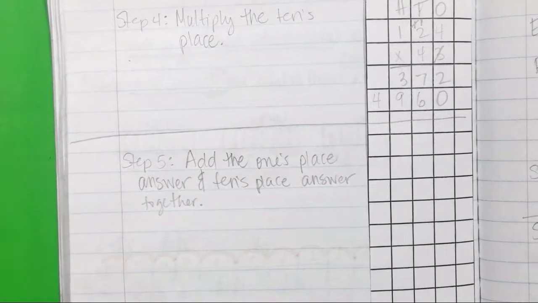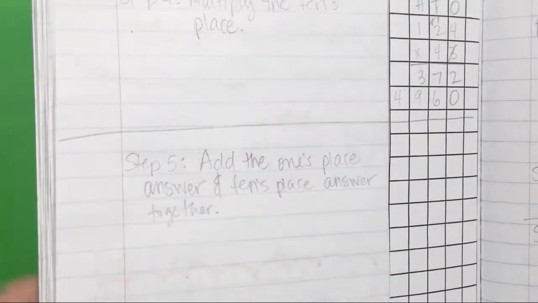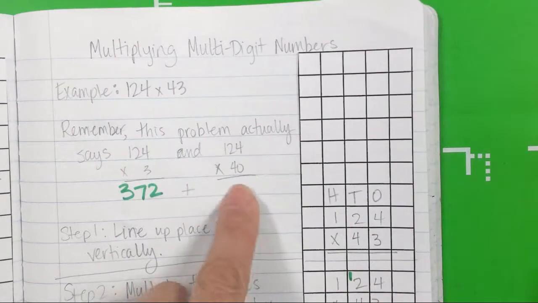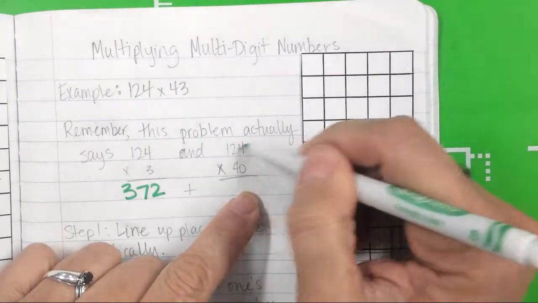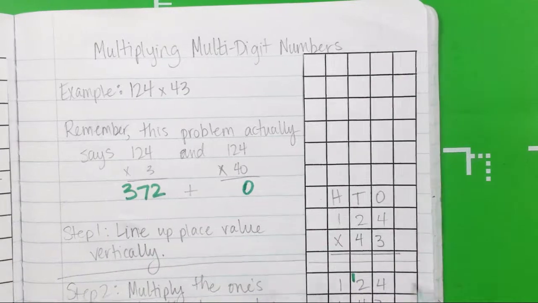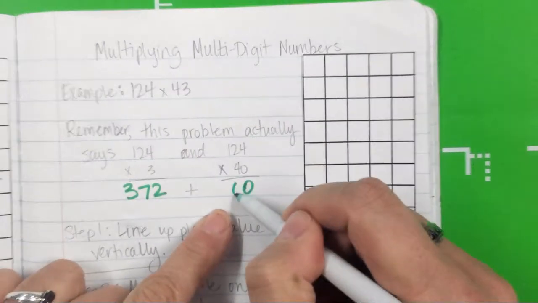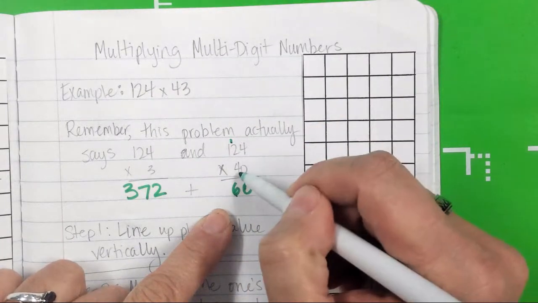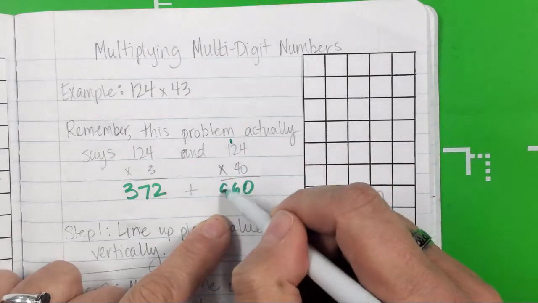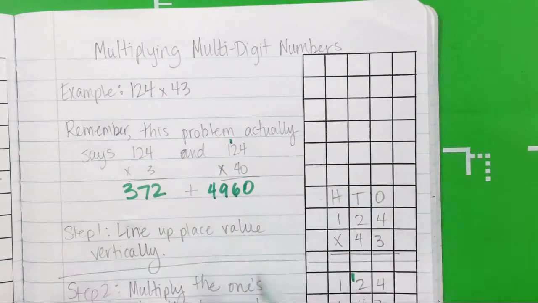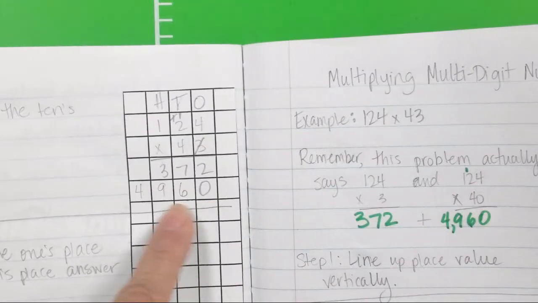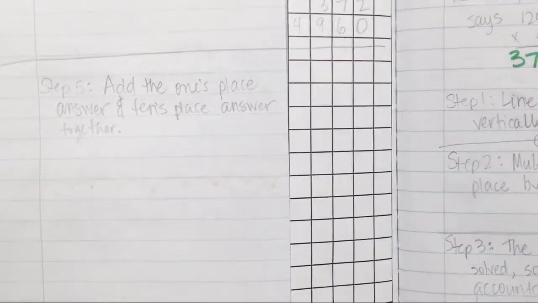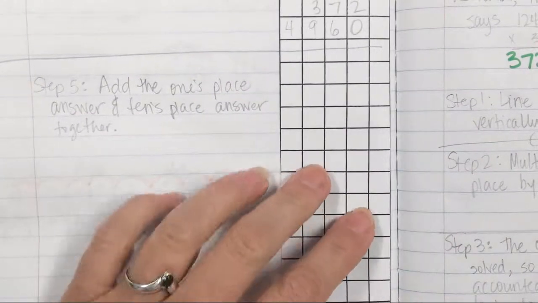So remember over here, if I do the math here, 0 times all of this is 0. But then when I do 4 and 4, that's 16. Carry my 1. 4 times 2 is 8, plus 1 is 9. 4. So 4,960. Is that the number I got here too? Sure is. So now I got to add those two things together.